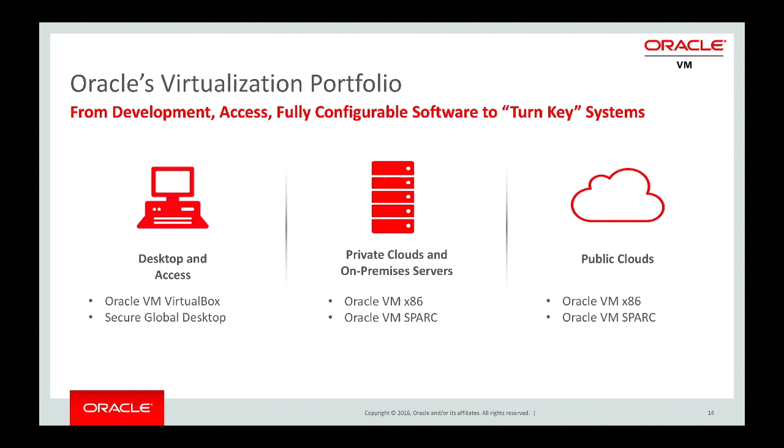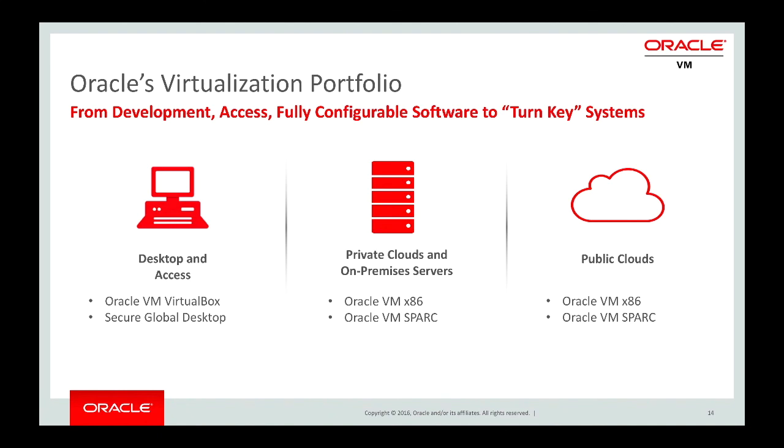VirtualBox lets you create virtual machines that run on your laptop, on your personal computer, or on your Macintosh. So if your desktop computer or laptop is running Windows, macOS, or Linux or Solaris, you can create virtual machines running any of those operating systems.